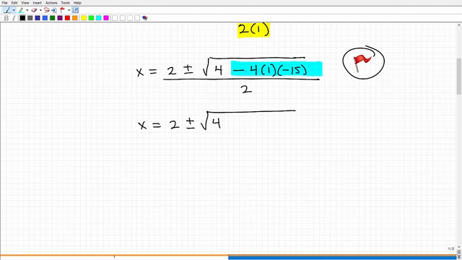So it's going to be 4 minus 4ac, or 4 times 1 times negative 15. This minus sign, do yourself a favor, turn it into a plus negative, because this is really a plus negative 4. So b squared minus 4ac, this is the part in our formula.